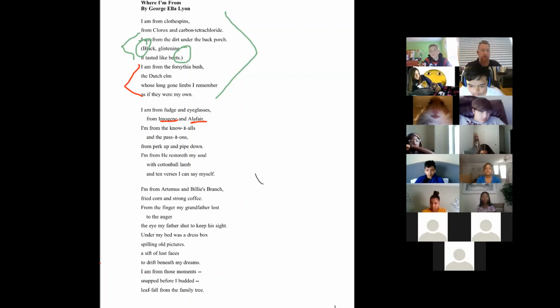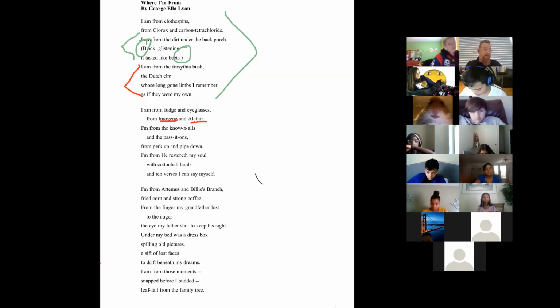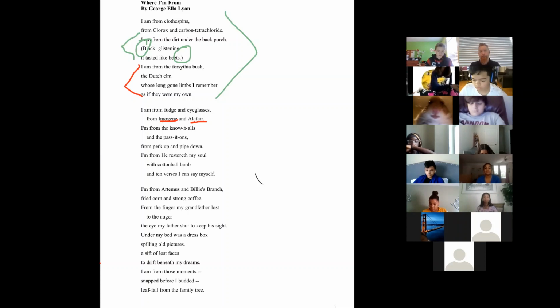When you are writing your poem, my challenge to you is to see if you can make something that is specific to you, but at the same time goes a little bit further and allows us to connect. When we have something as specific as Imogene and Alifair, I think probably the fairest guess is parents. But realistically, all of the different guesses that we just talked about could work here. So we want to be careful about that and make sure that we tie things closely together.